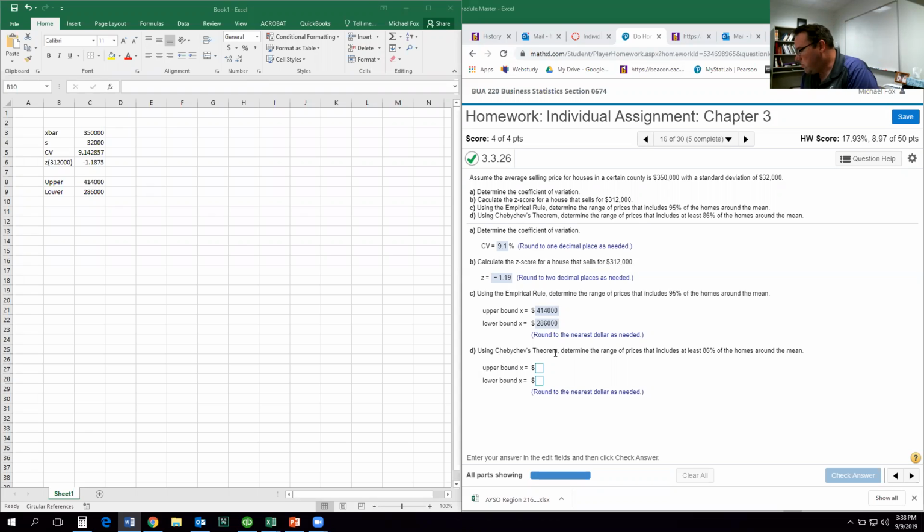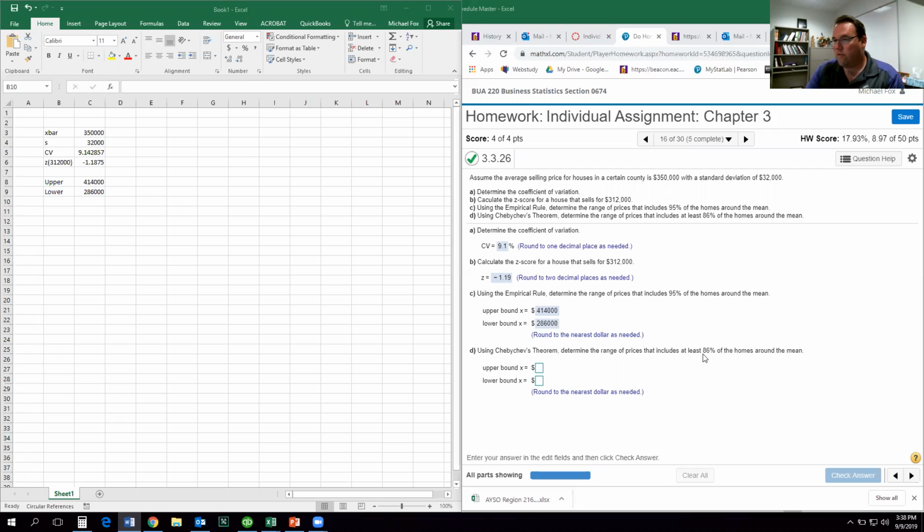With Chebyshev's Theorem, you break it down to 75%, 89%, and 94% within 2, 3, and 4 standard deviations of the mean. But here it's asking us for 86%, sorry. And so what we're going to have to do is calculate the z. Remember, z stands for like the number of standard deviations plus or minus the mean.